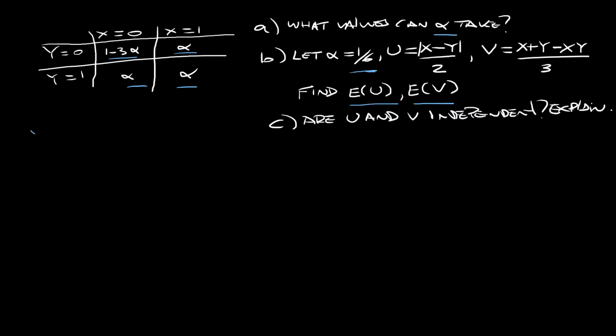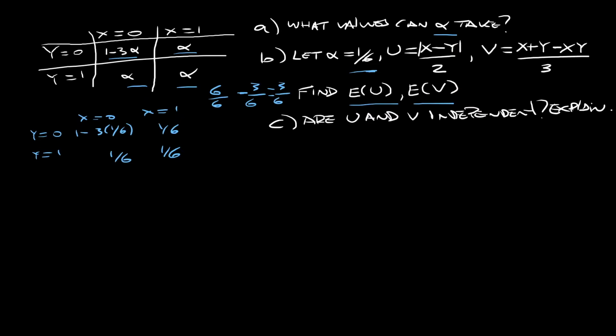So we have y equals 0, y equals 1, x equals 0, x equals 1, then 1 minus 3 times 1/6, then 1/6, 1/6, and 1/6. And this one, let's do the math here real quick. You have 1 is the same thing as 6 over 6 minus 3/6. So this is essentially 3/6 or 1/2.